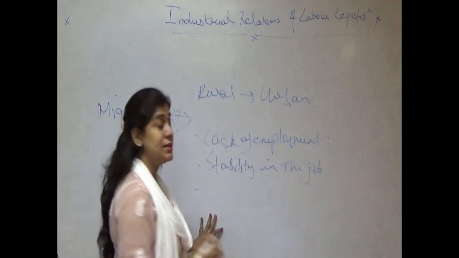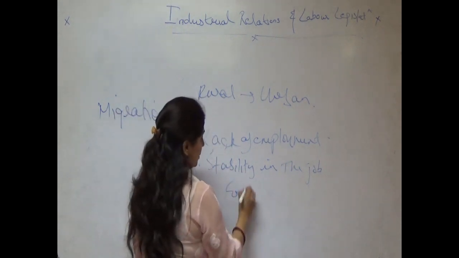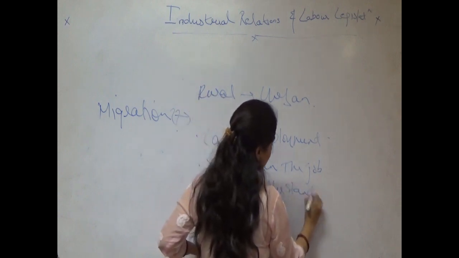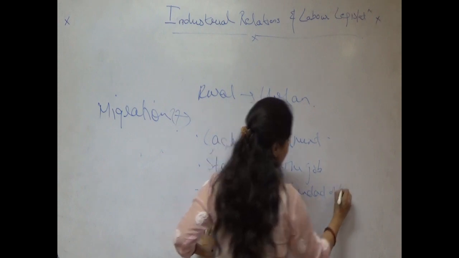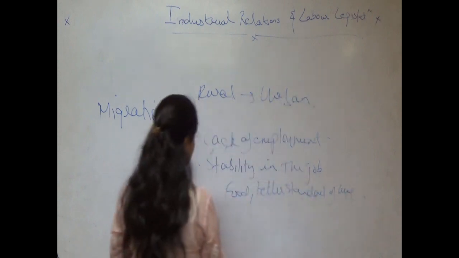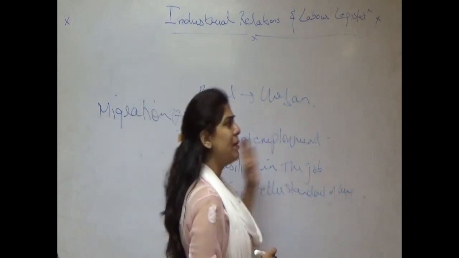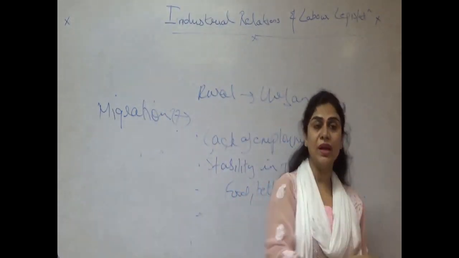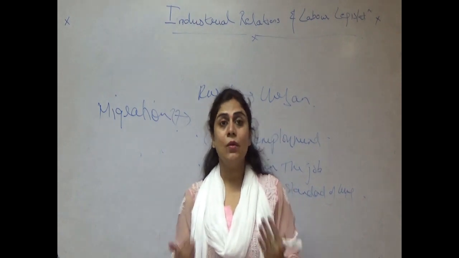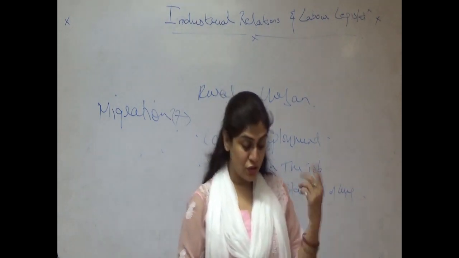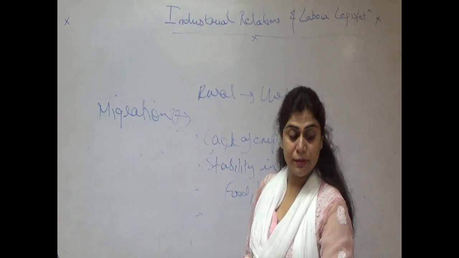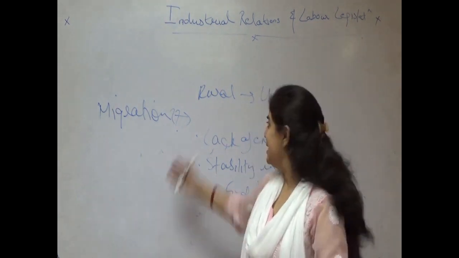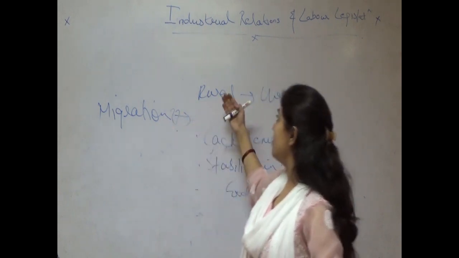They migrated in search of food, a better standard of living, and so on. Now, how come they migrated from rural areas to the urban areas? Due to industrialization, there was a lot of impact that caused these workers to migrate from rural areas to the urban areas.